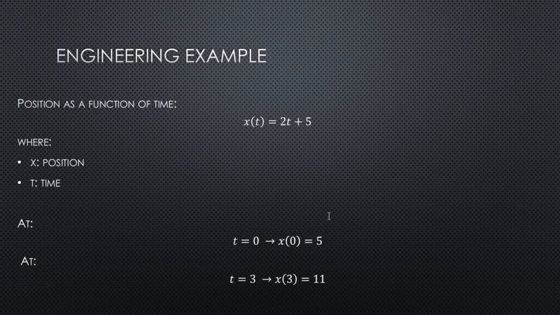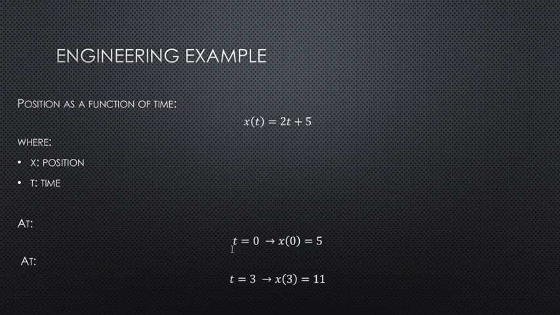Okay, let's connect everything we've learned to a simple engineering example. Suppose the position of an object is described by the function x of t equals 2t plus 5. Here, t is the time and x represents position.